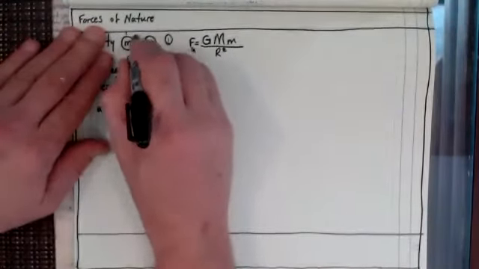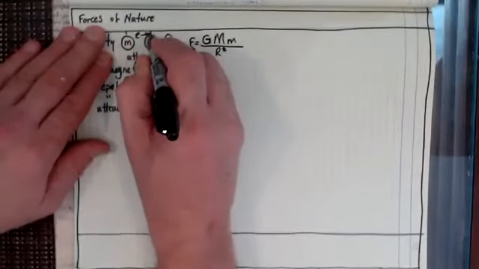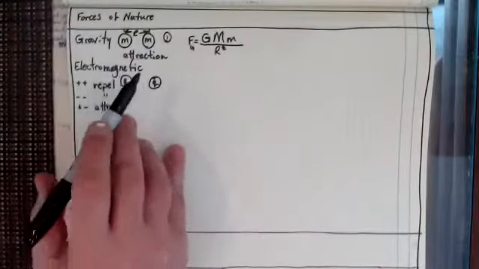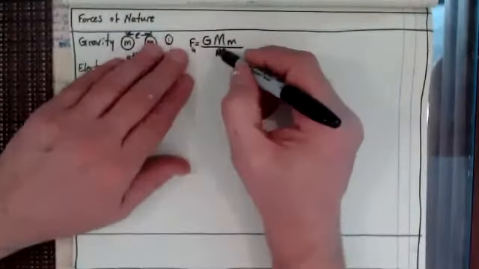So this being the distance r right here, right? The center of mass of the two masses. And so this is what we get.